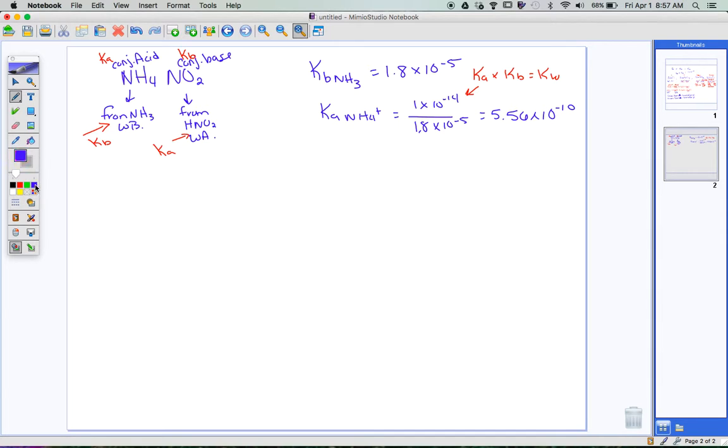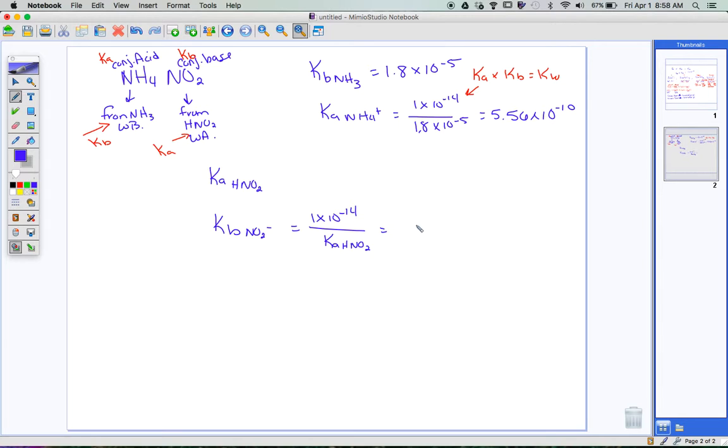All right, and then if you go do it for the other one, you can go look up Ka for HNO2, and I don't think I have that one handy, so I'll let you do that one. Then you'll have to calculate Kb for NO2 minus, which would be 1 times 10 to the minus 14th divided by whatever you looked up for Ka for HNO2.